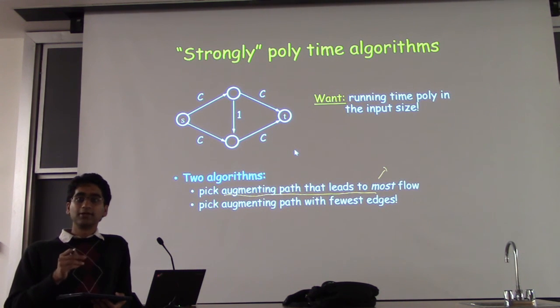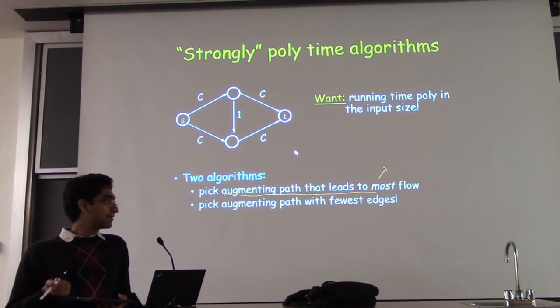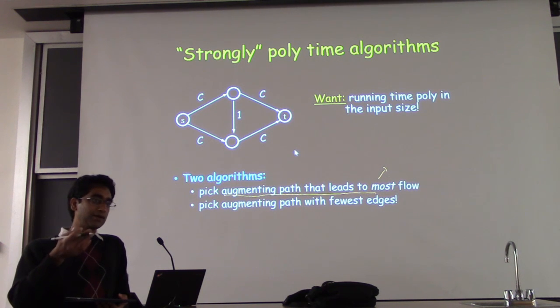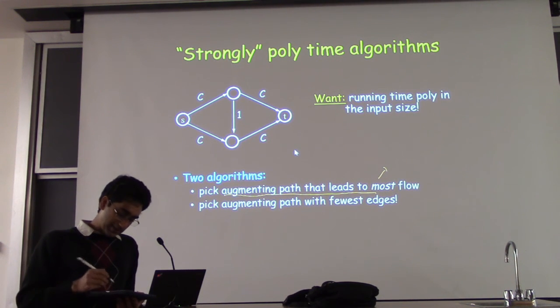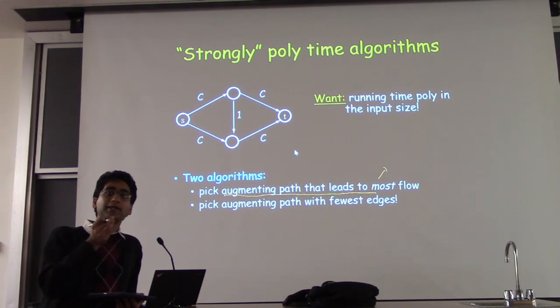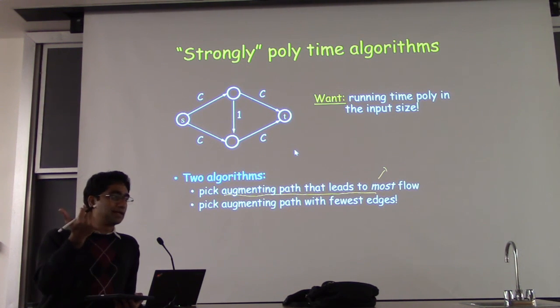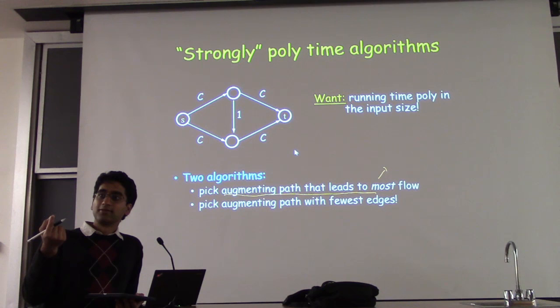Another easier way to do this is to guess the value. See how much flow you could possibly get. Suppose I tell you that I want a flow of at least some delta. Then I could throw out all edges that have capacity less than delta and see if there is a path.